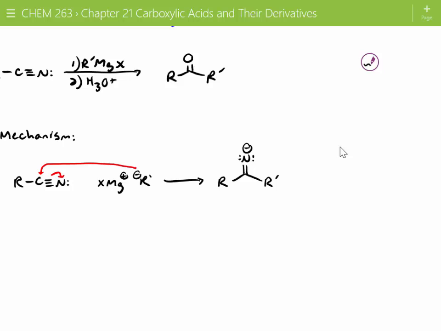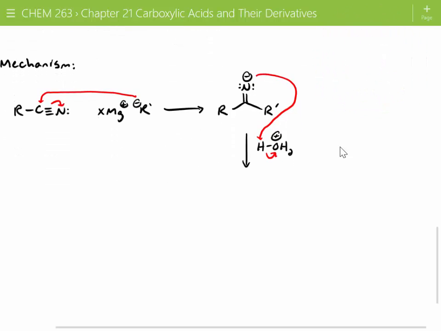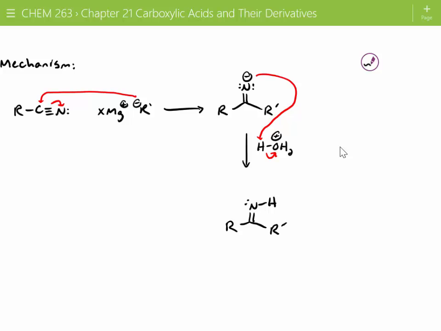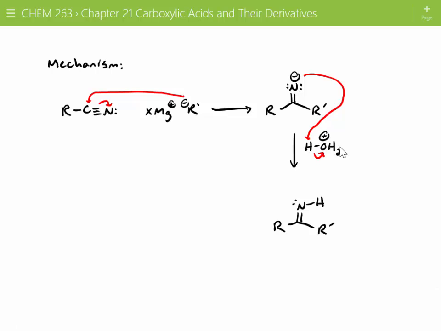Now if we add acid, that nitrogen's going to come and grab a proton, kick off water, and voila, what do we call this guy? An imine, right? So the product when you add a Grignard to a nitrile is an imine.